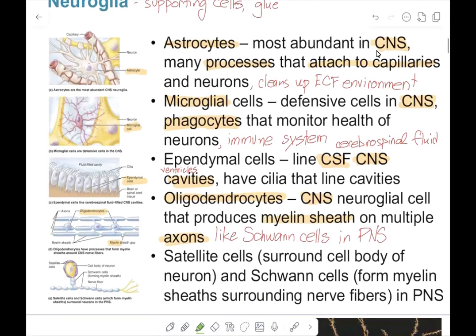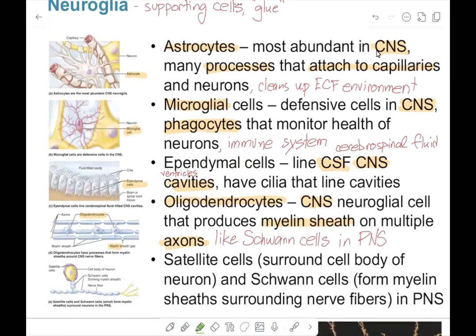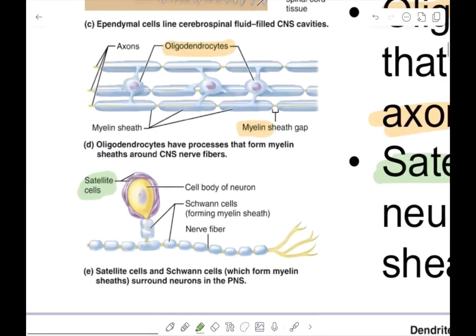So the last two in the peripheral nervous system are the satellite cells, and the satellite cells surround the cell body of the neuron. The second of those two neuroglial cells in the peripheral nervous system are the Schwann cells, and they're the ones that act like oligodendrocytes, but they also surround parts of the axon.